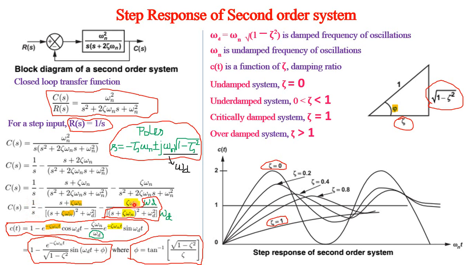So here minus zeta omega n divided by this denominator, we are writing like this. Here I am multiplying both numerator and denominator by omega d. So if this zeta omega n is not there, it is omega d by s square plus omega d square. So omega d by s square plus omega d square is sin omega dt when we do the inverse Laplace transformation.